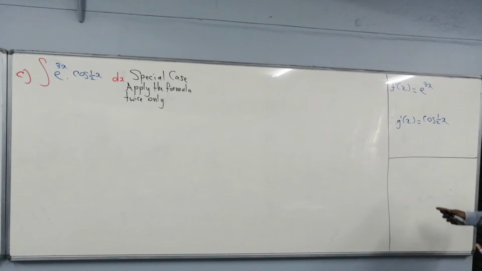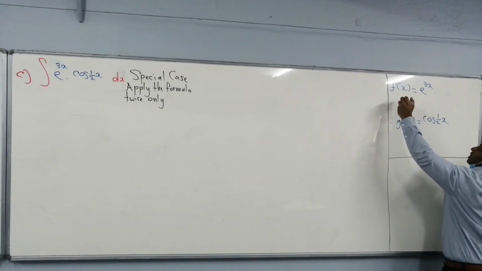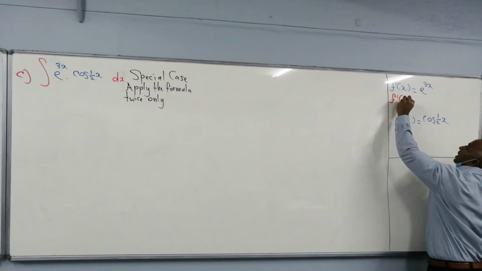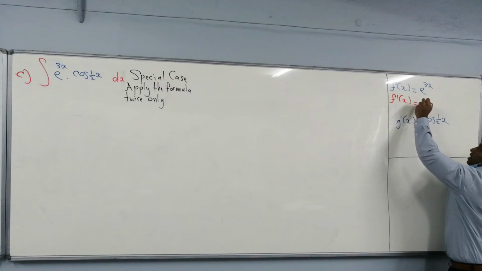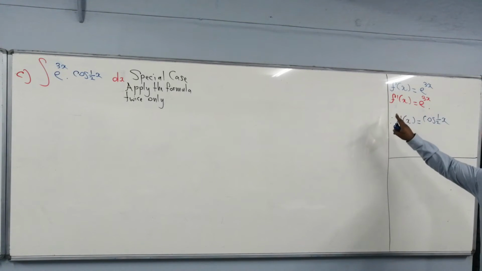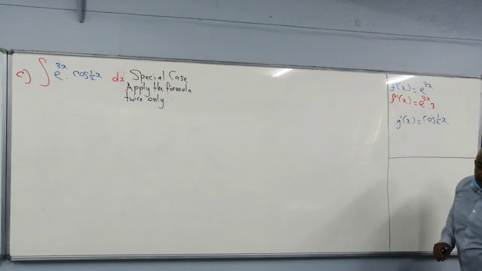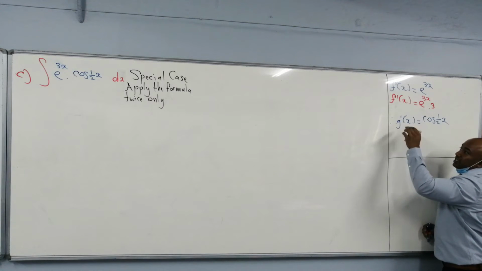Alright, so now we need to differentiate this one. So when you differentiate e to the power 3x, the derivative here is e to the power 3x times the derivative of 3x, which is 3. You're clear with that? Then you need to integrate this one here.